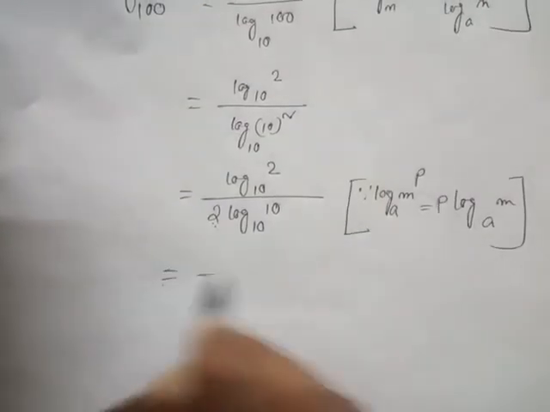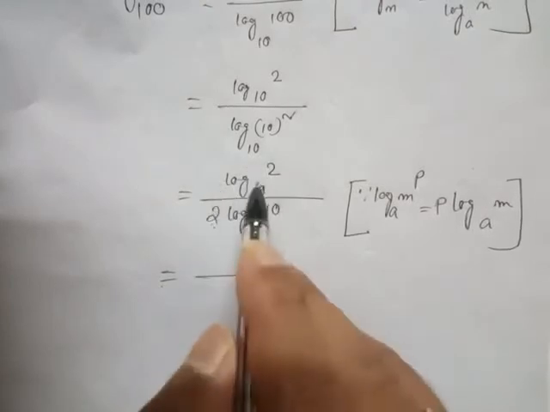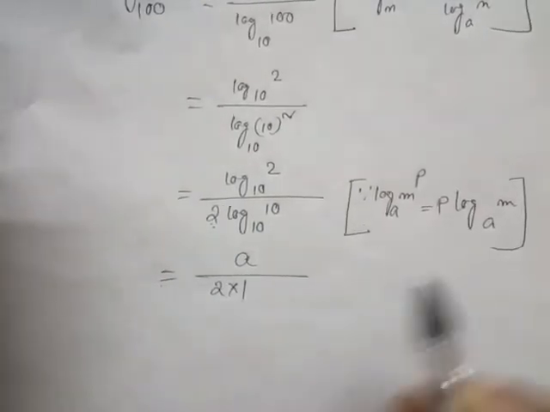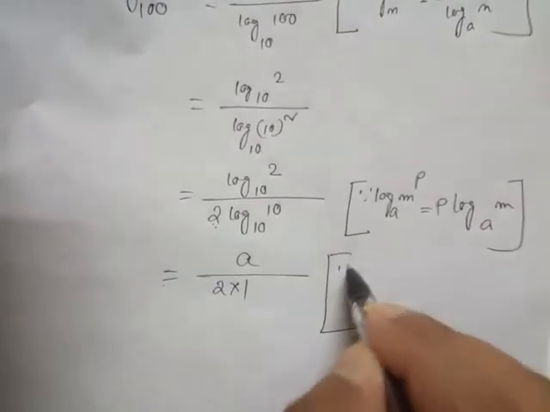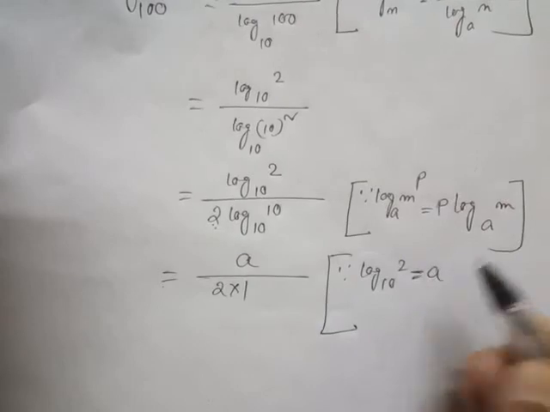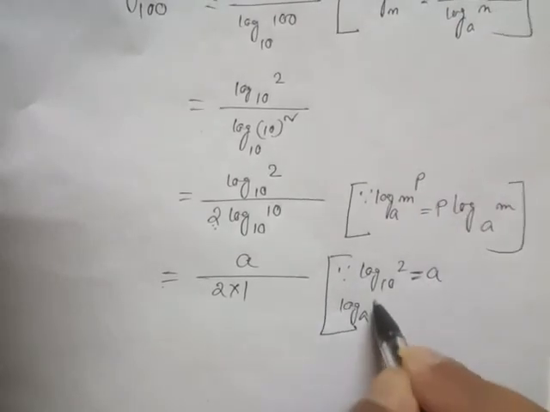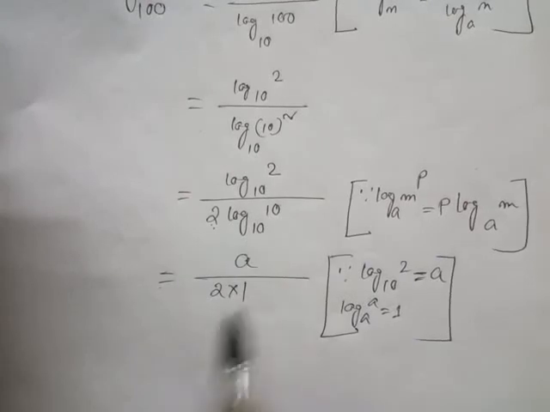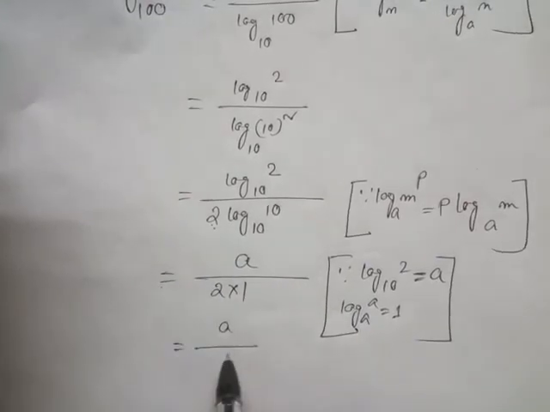In the next step, this is actually the value of a, so we write a here, and 2 into 1. The reason is, since log base 10 of 2 equals a, this is the given part, and log base a of a equals 1, so in place of this it is 1. So the answer is a by 2.